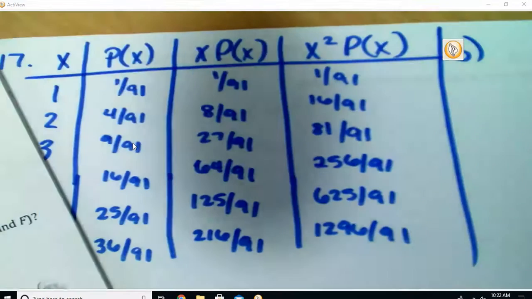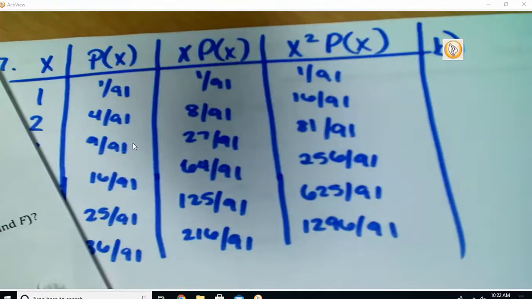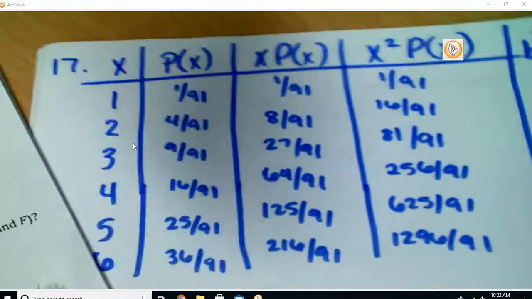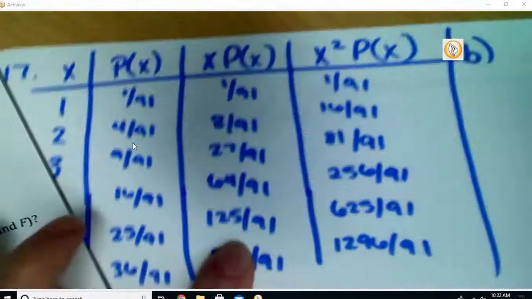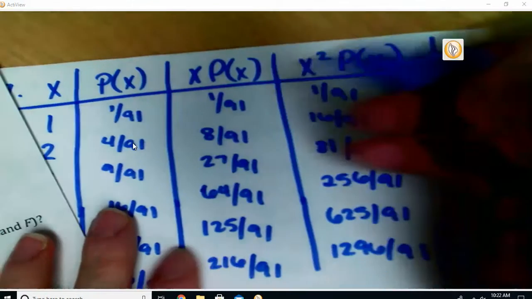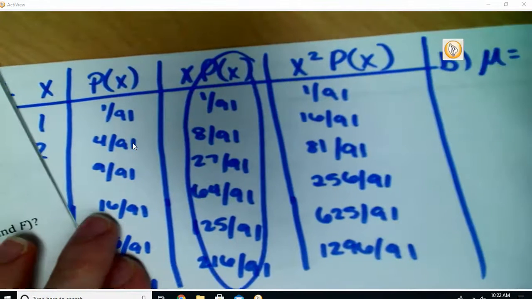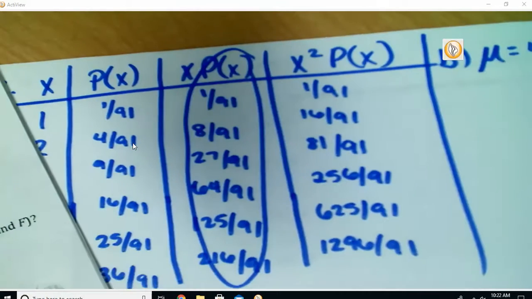It tells you mu of x equals the sum of the x p of x. We have the x p of x's. So the sum, the mean, you just add all those up. So you add that column and you get 4.8462. Okay, you don't have to divide it by anything. The formula just says add it up.